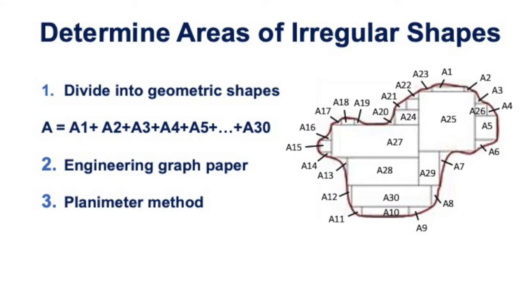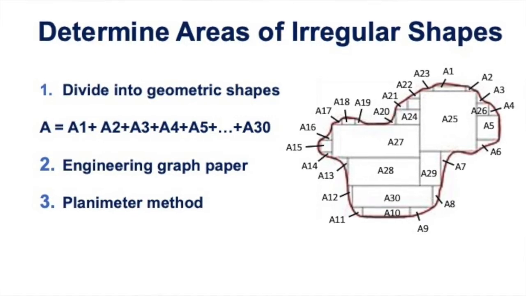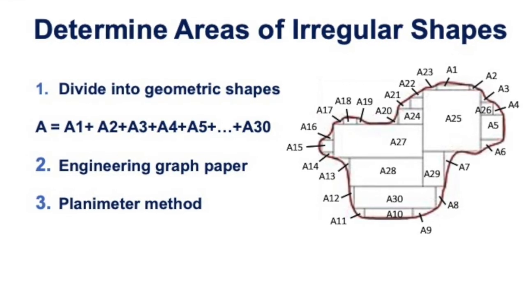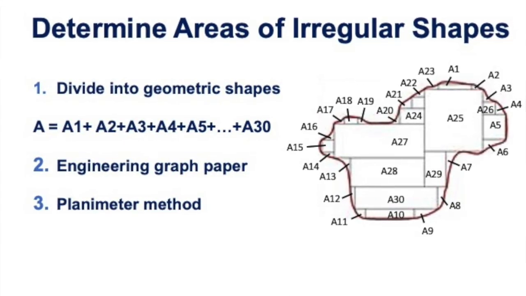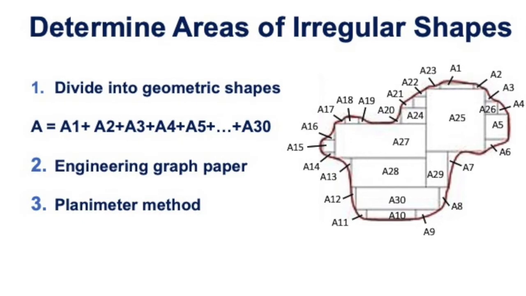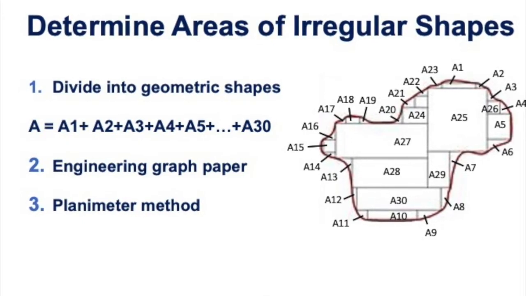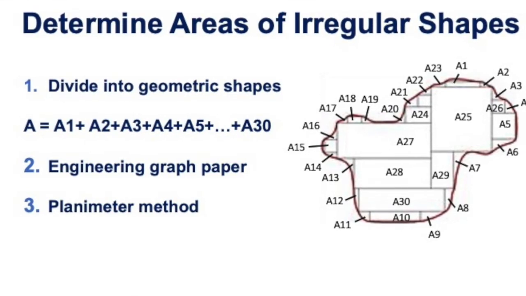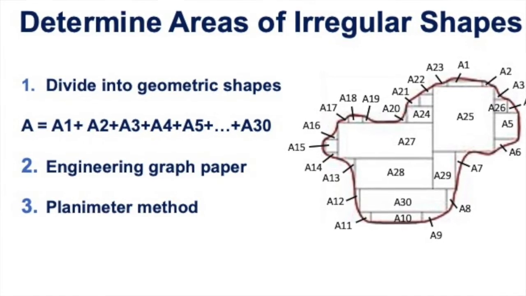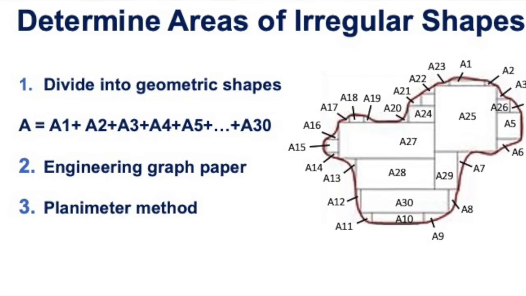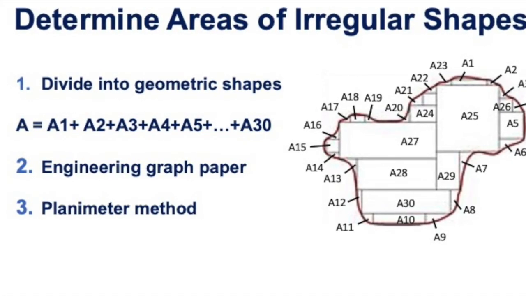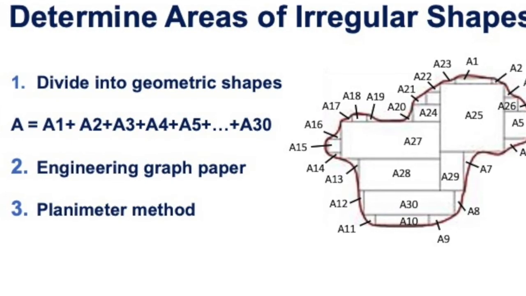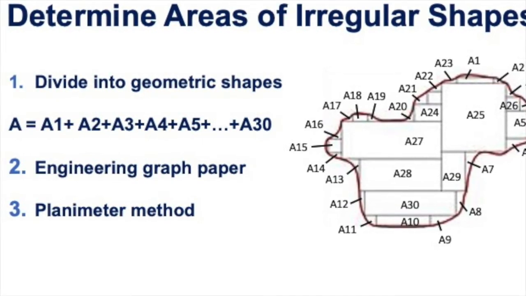The first method is to divide an irregular shape into many regular or very close to regular geometric shapes, and then use the existing formula to calculate the area of each sub-shape. At the end, the area of the original irregular shape equals the sum of the areas of all the sub-shapes. Since this method is complicated and not very accurate, it is not required in this lab.